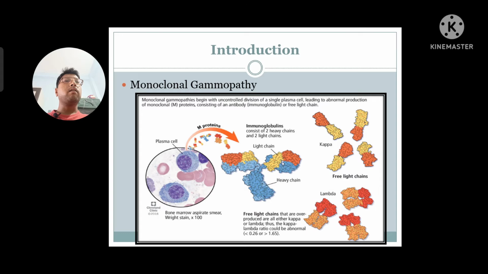Sometimes there is a change in the ratio of kappa and lambda chains. Sometimes the myeloma cells also produce an altered part of the kappa chain or an altered part of the lambda chain.